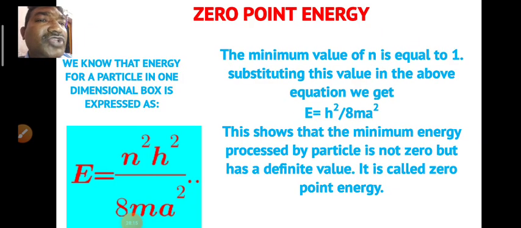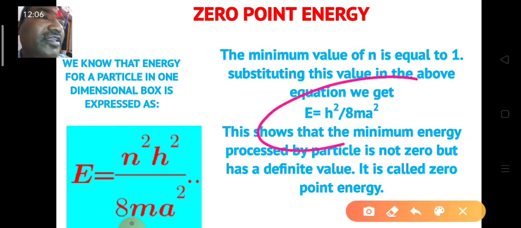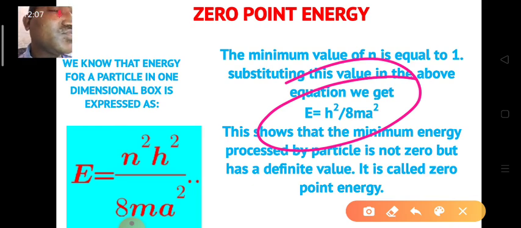Now we go for another term, that is the zero point energy. We have already discussed that the value of n never becomes 0, and the minimum value for n is equal to 1. As a result, the minimum energy for the particle is h square by 8 m a square. This is the lowest energy for a particle moving in the one dimensional box.